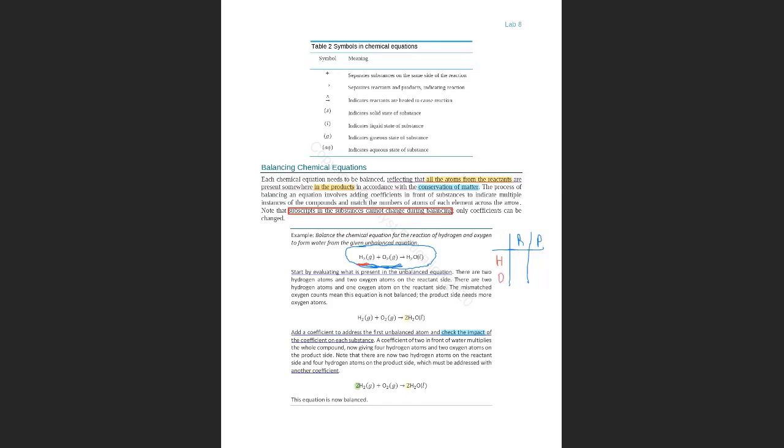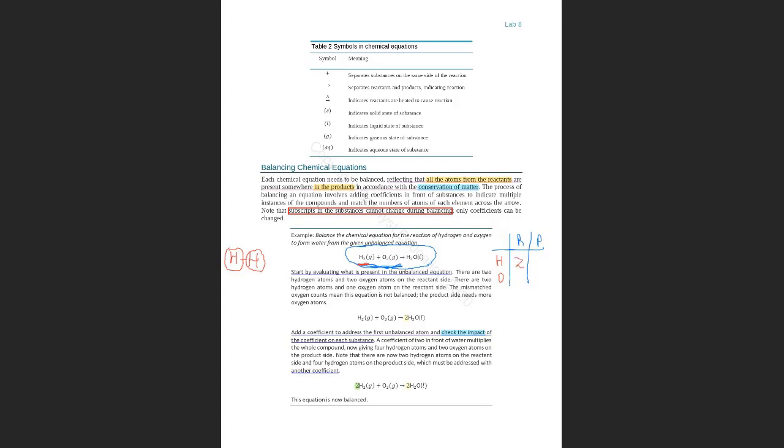How many hydrogens do I have? It says hydrogen gas. So that means each molecule has 2 atoms. So on the reactant side, I have 2 hydrogens.